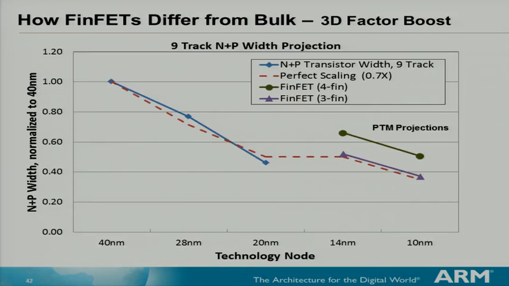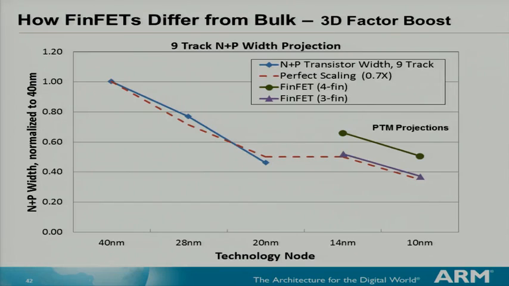So looking here, what we plotted is the NFET and PFET width for a 9-track standard cell library normalized to the 40-nanometer node. And as you can see, for planar transistor, it had been scaling pretty much consistently across the technology nodes. And as you go from 20 to 14, if you do not change the metal pitch, basically your metal track height remains the same, the effective width that you get within the same cell is more than what you would have got at the 20-nanometer node.